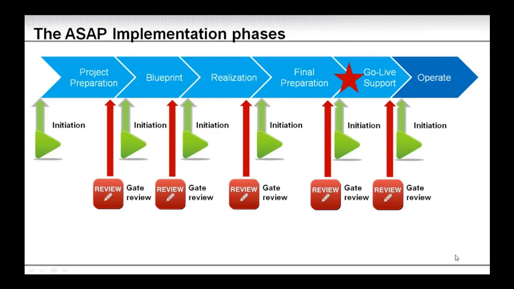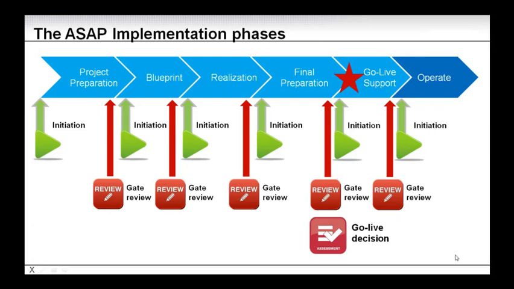Now ideally, one phase has to complete before the next phase can start. Practically, in reality, there might be an overlap. So here is where we use our work breakdown structure. We use our milestones to define the criteria and the major achievements before you can move into the next phase. Now there is one exception, and that is around the go live.